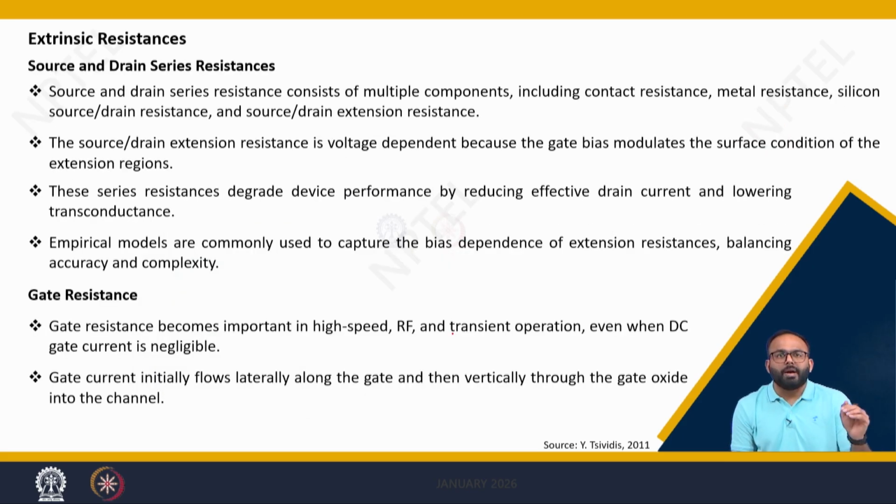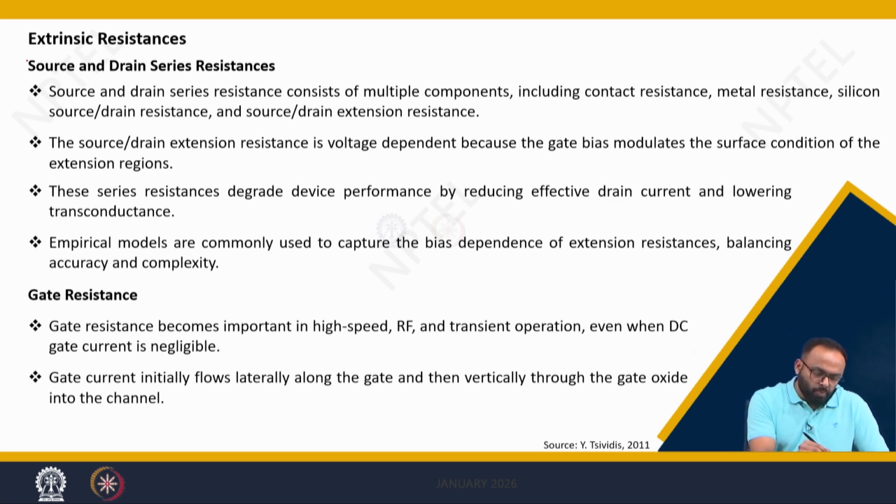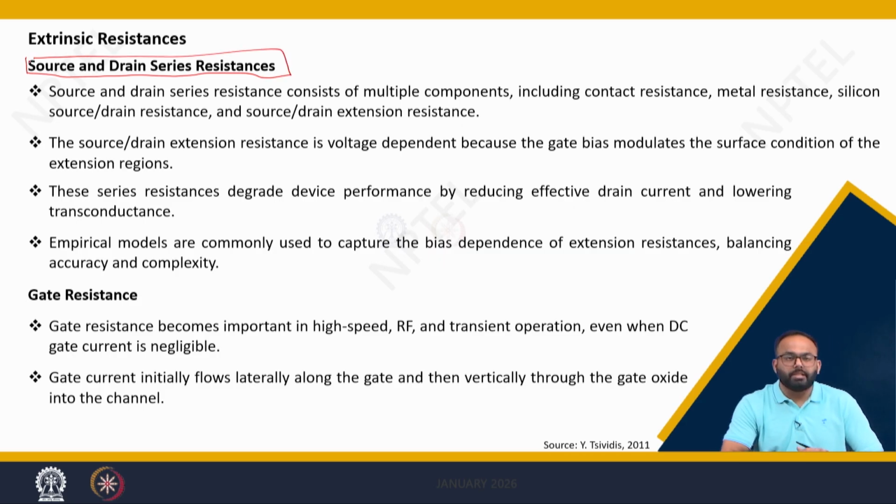In addition to the capacitors, we do have some extrinsic resistances, which play an important role to limit the operation of MOSFET, out of which one possible extrinsic resistance in terms of source and drain we have already discussed when we were discussing the impact of source drain resistance on current.